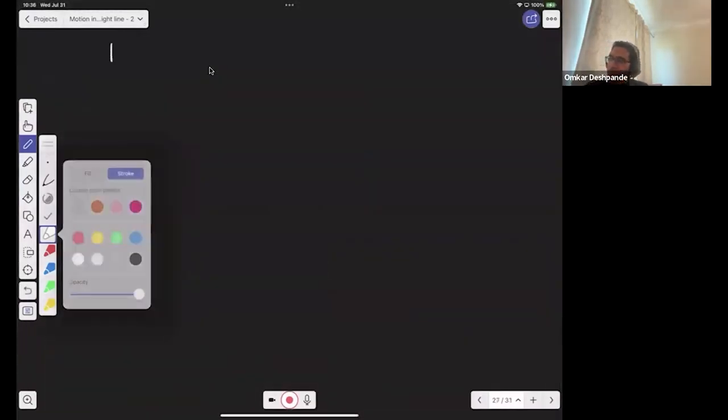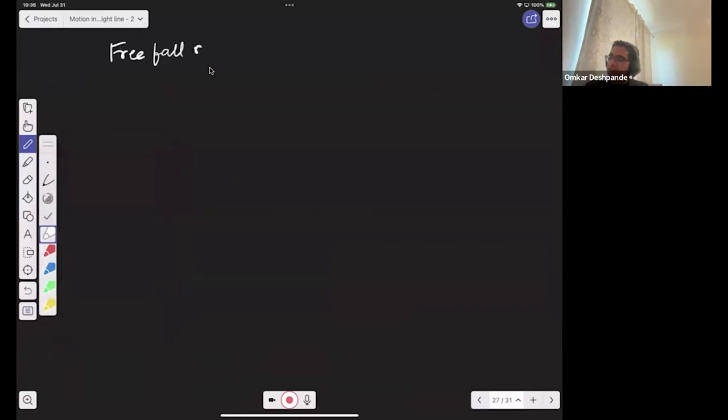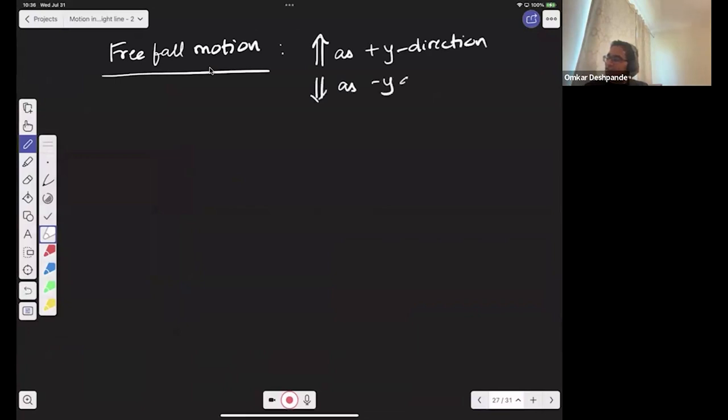And if you look specifically at free fall motion, which is a special case of uniformly accelerated motion, and let's say we are talking about the upward direction as the plus y direction and the downward direction as minus y direction. And using y instead of x, we would get the following equations. Velocity as a function of time would be v0 plus at.